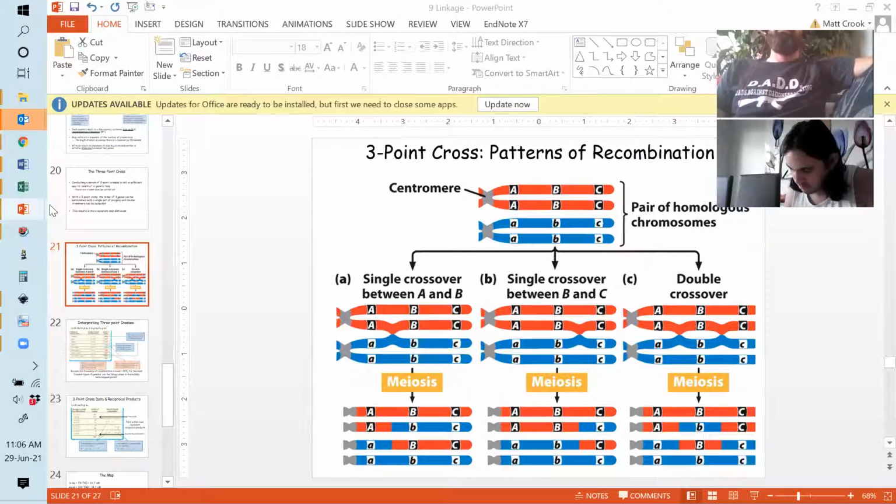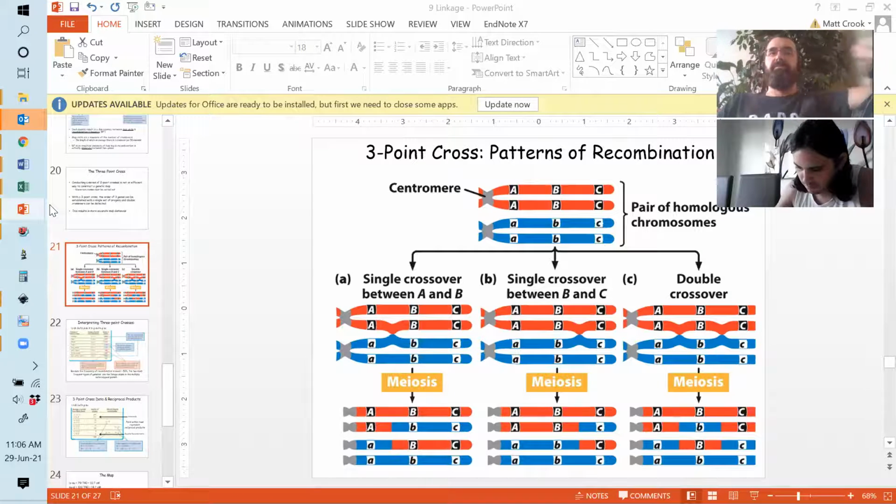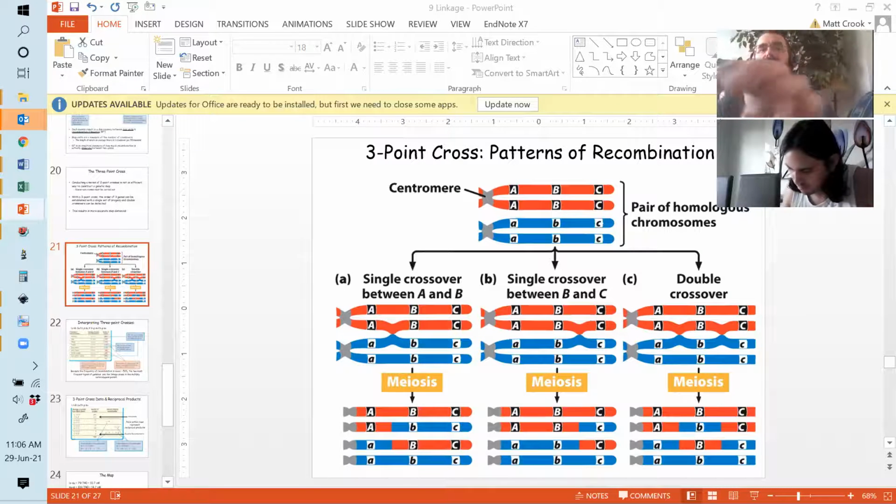Yes, exactly, Rose. Figure out the single crossovers, and how do you do that? Yeah. So you look for reciprocals.